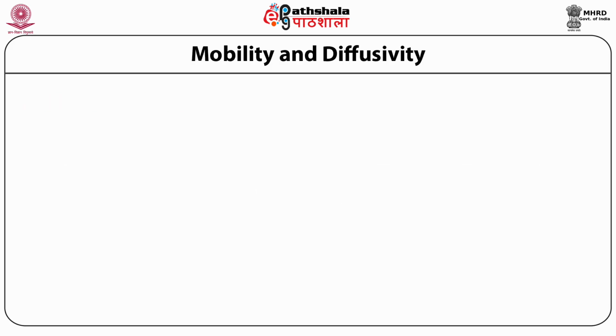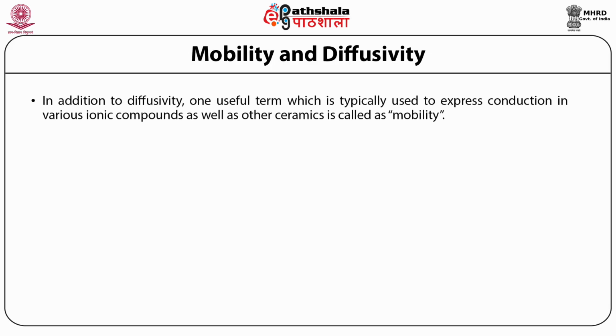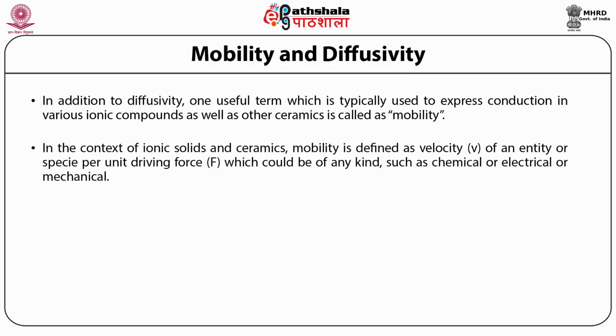Mobility and diffusivity. In addition to diffusivity, one useful term which is typically used to express conduction in various ionic compounds as well as other ceramics is called mobility. In the context of ionic solids and ceramics, the mobility is defined as the velocity of an entity or species per unit driving force, that is F, which could be of any kind such as chemical or electrical or mechanical.